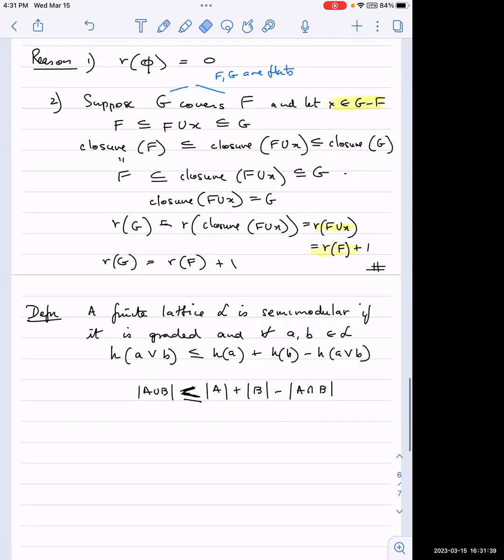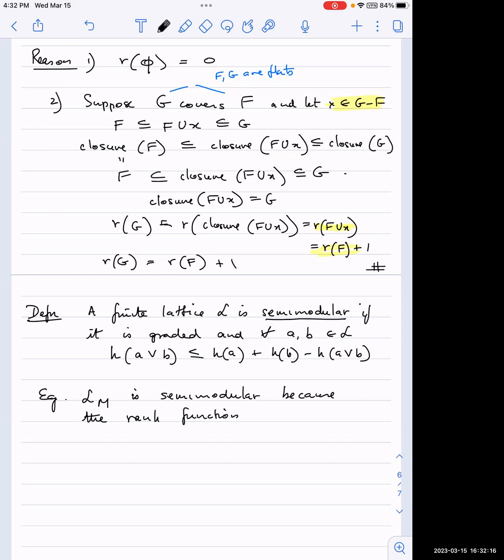Okay. So why is our favorite example semi-modular? Because the height function, which is the rank function, satisfies this.